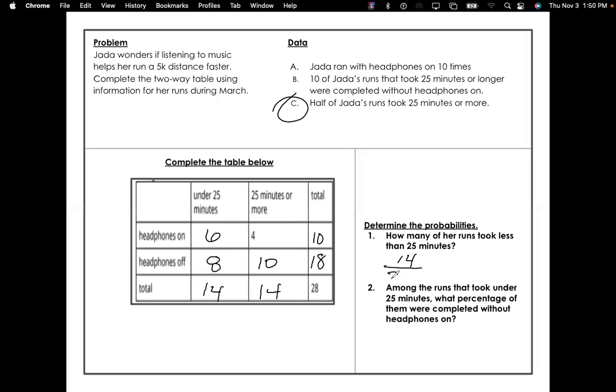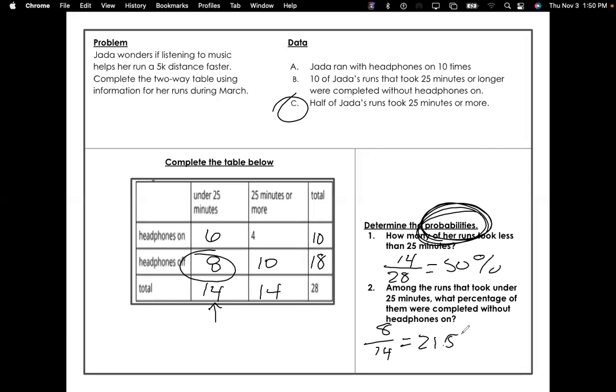14 out of the 28, which is going to be about 50%, because they asked us for the probability. Now, among the runs that took under 25 minutes, so out of these runs, what percentage of them were completed without headphones? 8 out of 14, which is going to be, nobody did that math. 21.5%.